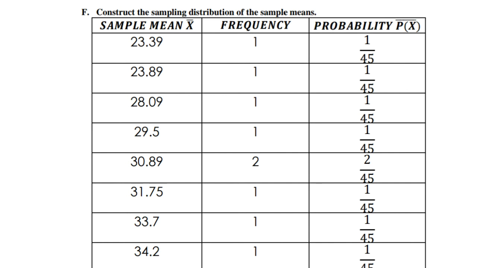Sample mean 28.09, frequency 1, probability 1/45. Sample mean 29.5, frequency 1, probability 1/45. Sample mean 30.89, frequency 2, probability 2/45.